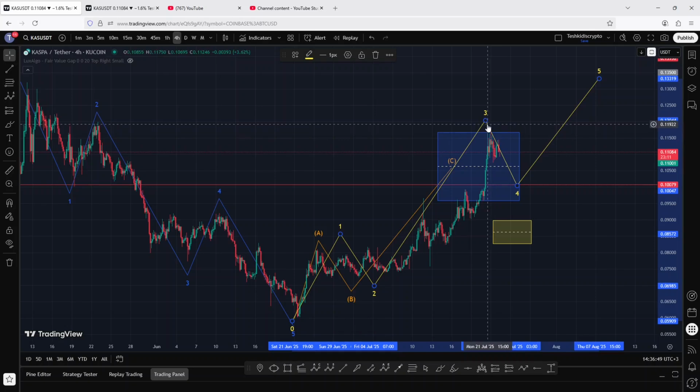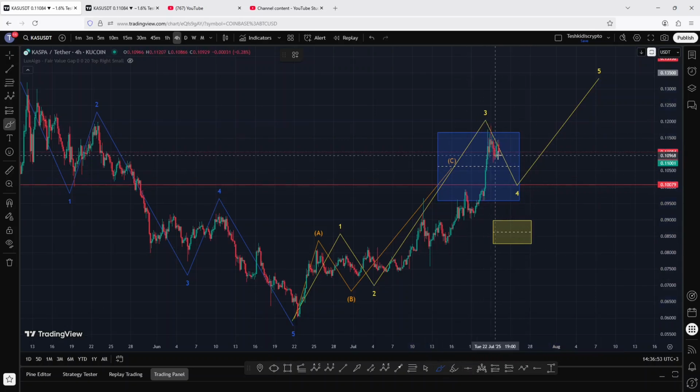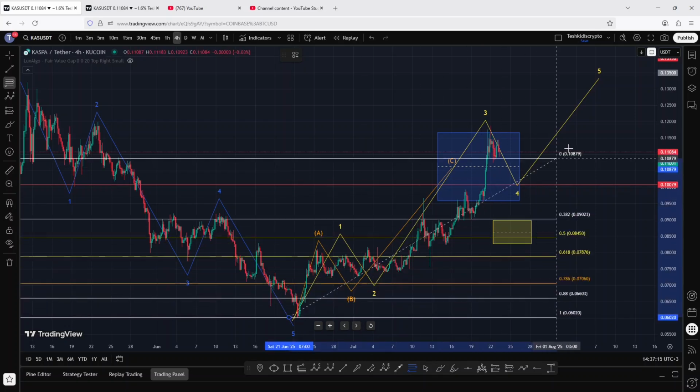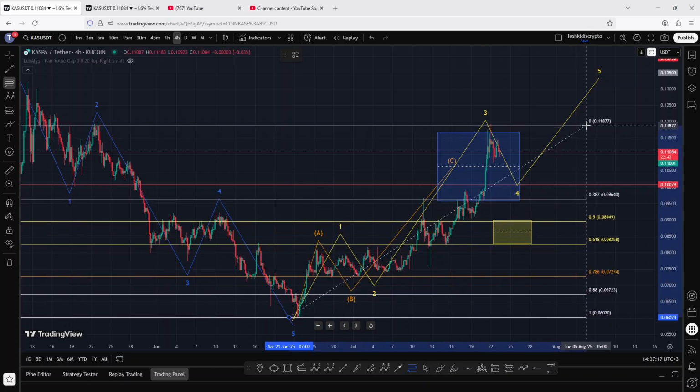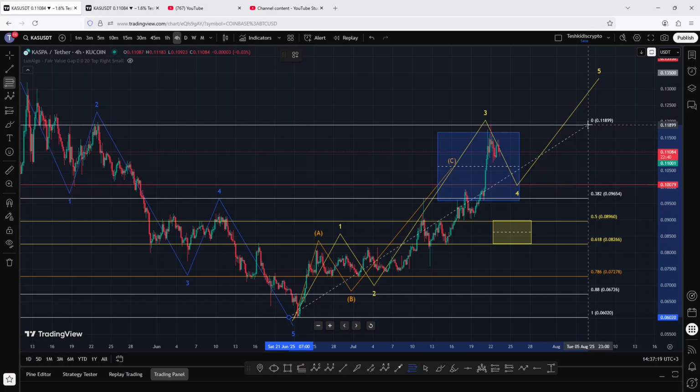Alternatively, in case we get rejected and get a pullback that loses support above the 0.1 USDT mark, flipping that key area back into resistance, then I will consider a more bearish case scenario where we can find support within the golden pocket on the Fibonacci's, and that area can be given by connecting the Fibonacci's from the lows we made below the 0.06 mark to the highs we made above the 0.11877.